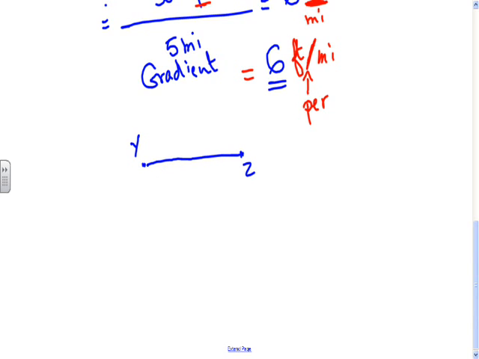As you go from Y to Z, every mile you go horizontally, like from here to here, that's 1 mile. You are going to go up 6 feet. And this gives you an idea of a slope.